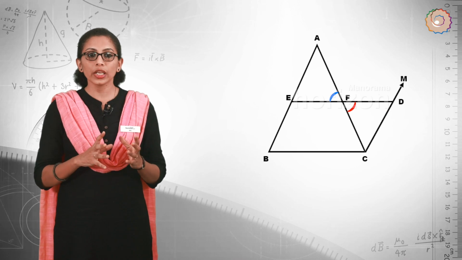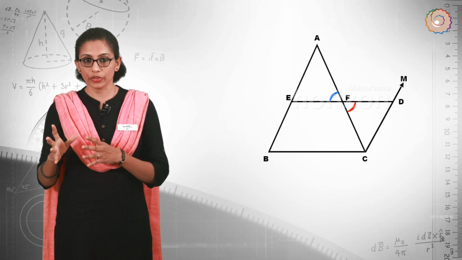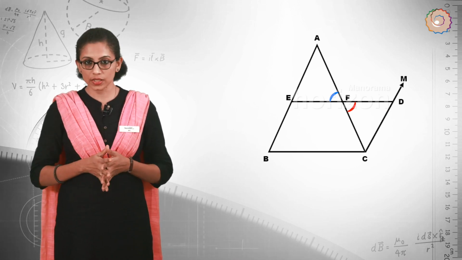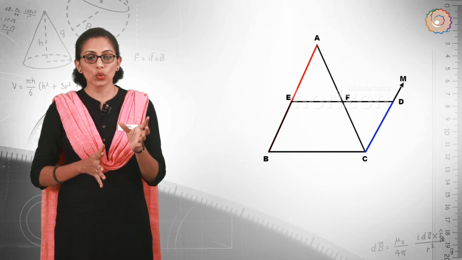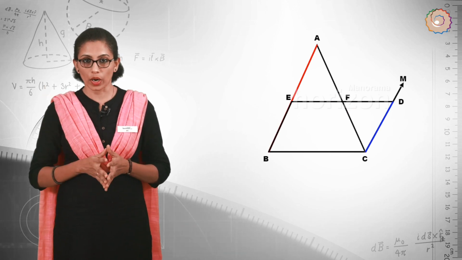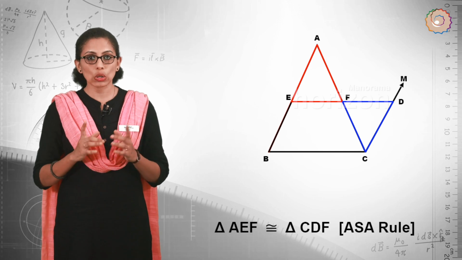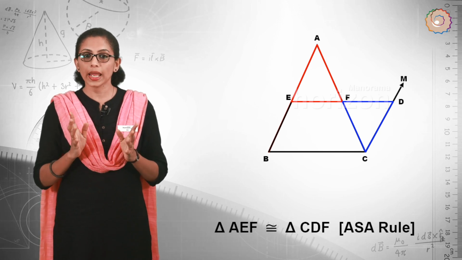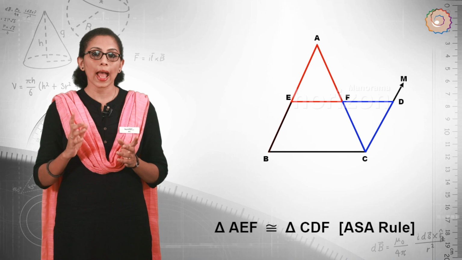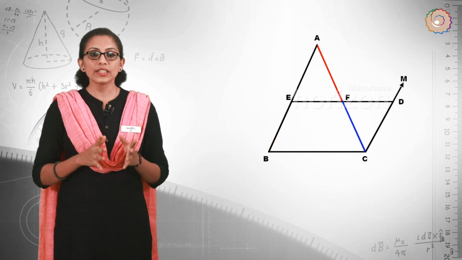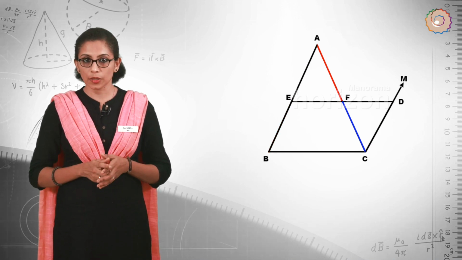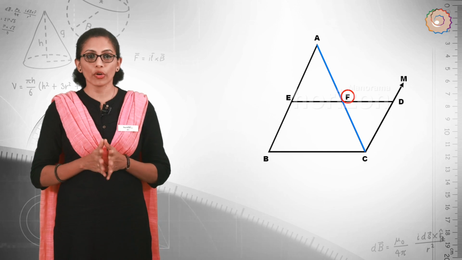Angle AFE is equal to angle CFD, they are vertically opposite angles. Also, EA equal to DC from equation 1. So, triangle AEF is congruent to triangle CDF by the ASA rule, that is angle side angle. Also, AF is equal to CF by CPCT. Hence, F is the midpoint of AC.